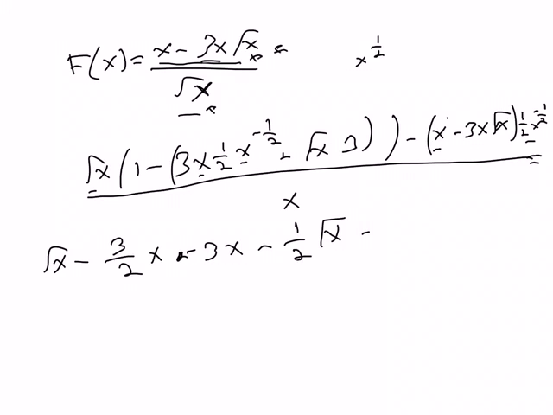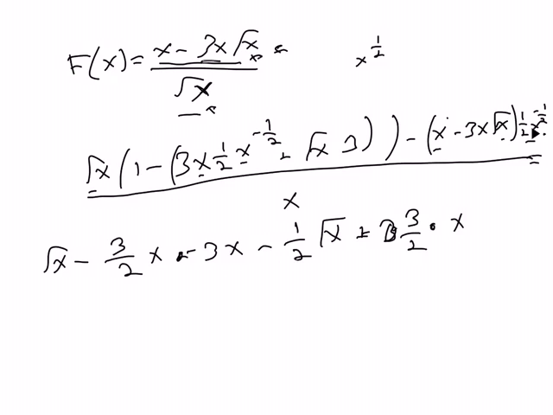Minus, okay, and over here we're going to have 3, so this is going to become plus because of that minus, and this is going to give me 3 over 2. And then I'm just going to get x squared, because oh no, I'm not going to get x squared, I'm going to get x, because this negative a half and this square root of x are going to cancel, so I am going to get over here x.